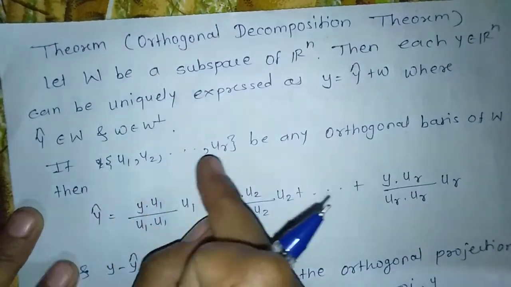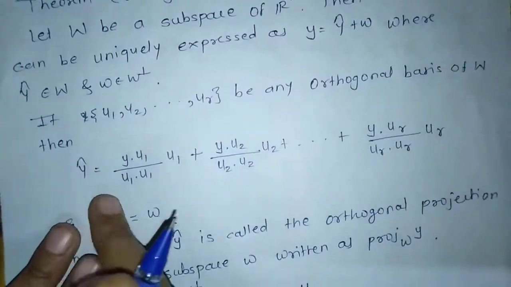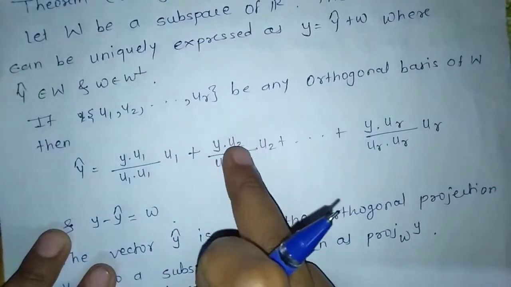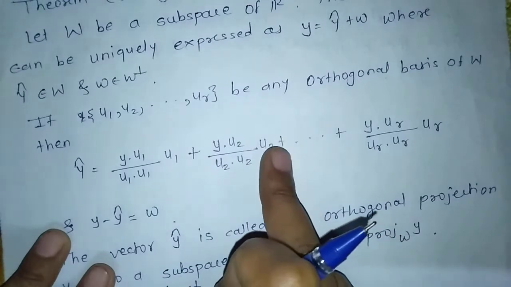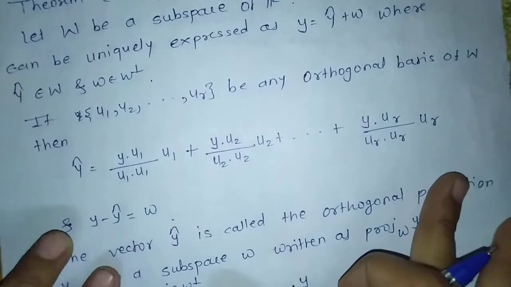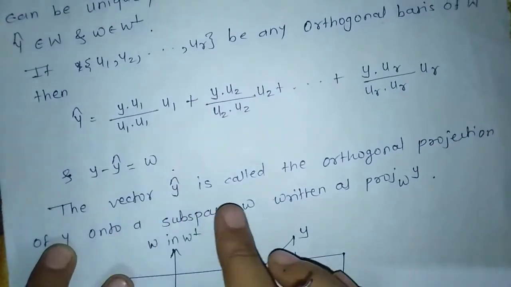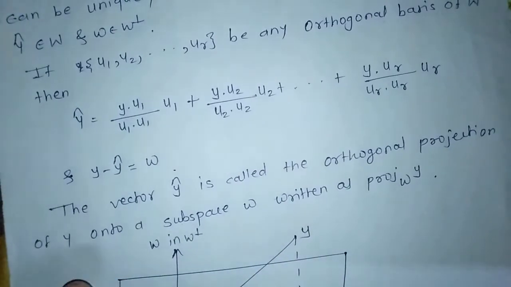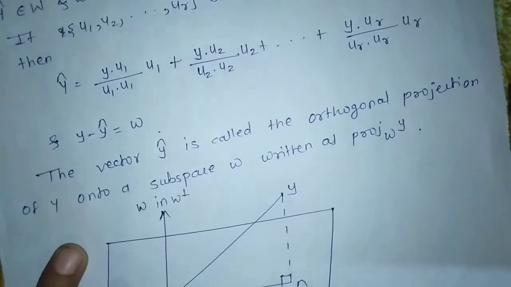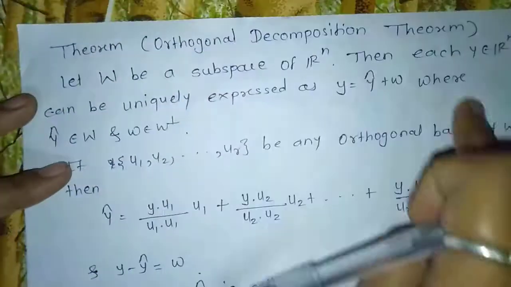If the set u1, u2 and so on up to ur is any orthogonal basis of W, then y cap is equal to (y dot u1)/(u1 dot u1) times u1 plus (y dot u2)/(u2 dot u2) times u2 plus and so on plus (y dot ur)/(ur dot ur) times ur, and y minus y cap is equal to w. The vector y cap is called the orthogonal projection of y onto a subspace W, written as projection of y on W.